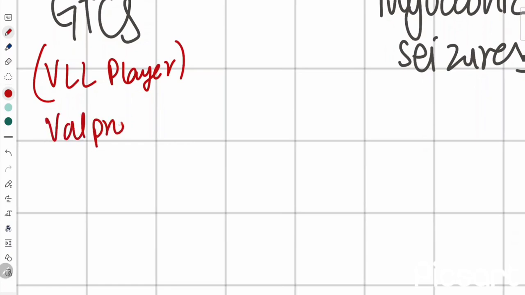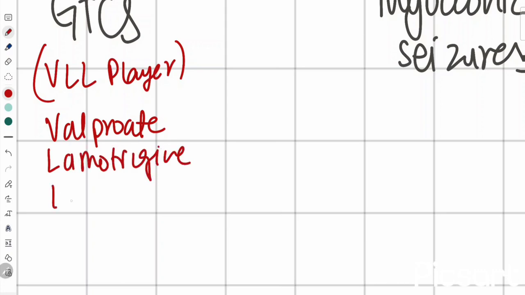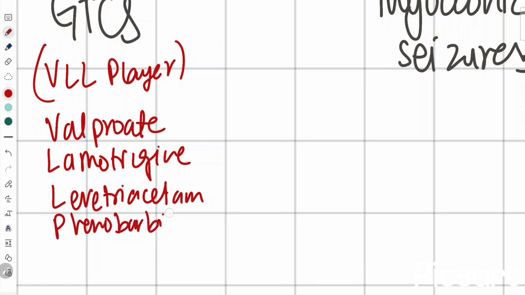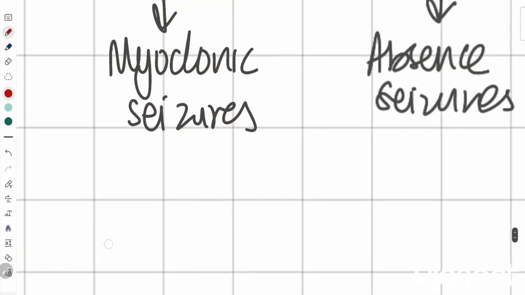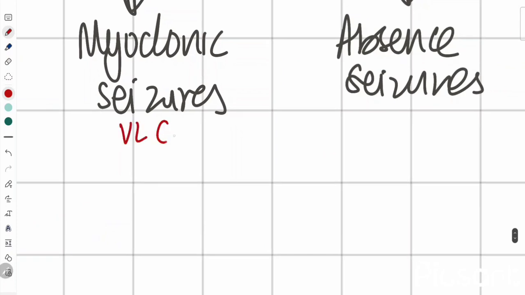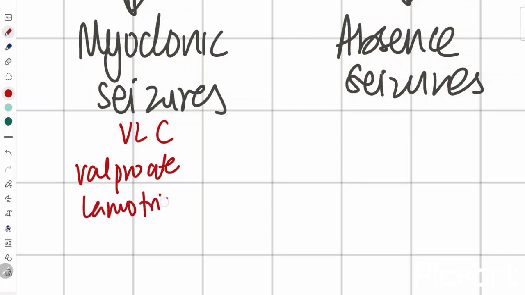V for valproate, L for lamotrigine, another L for levetiracetam, and P for phenobarbital. And then myoclonic seizures, remember it by VLC: V for valproate, lamotrigine, and carbamazepine.